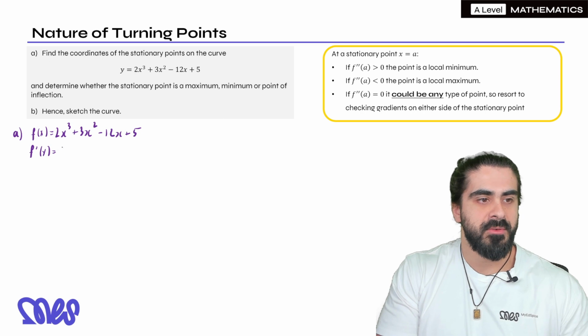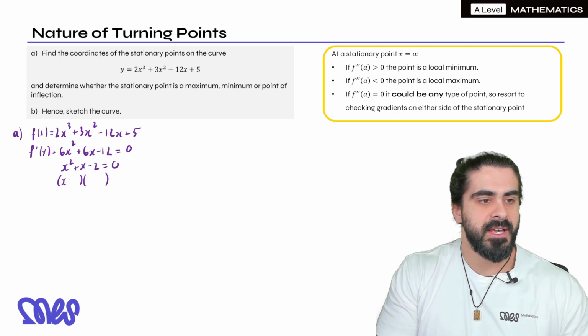So we differentiate that, we get 6x squared plus 6x minus 12. Then we make that equal 0. We can divide through by 6. Then we can factorize. So we have x plus 2, x minus 1. So our solutions for where the stationary points are, x is minus 2 and x is 1.